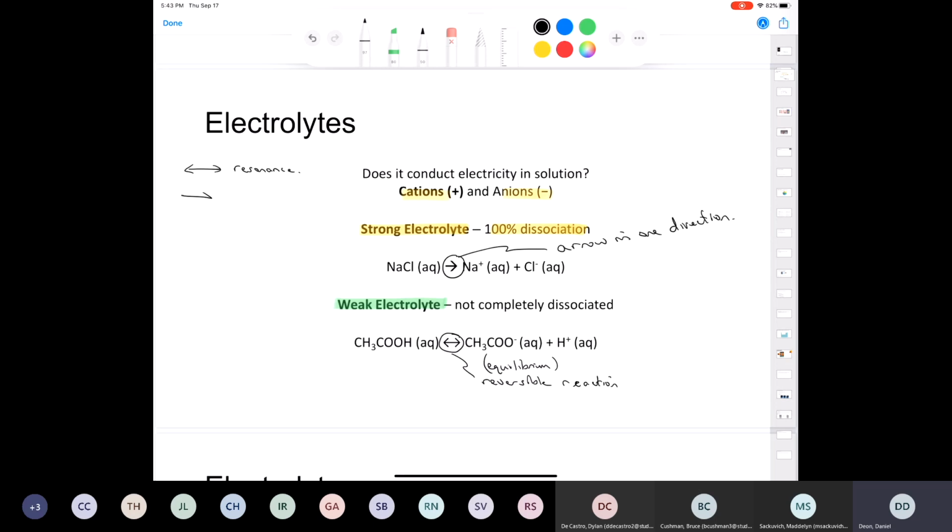The correct arrow for equilibrium is this. When you have a single-headed arrow, one pointing in each direction. So this is reversible, or it means equilibrium. Either one is fine. Okay, there we go.